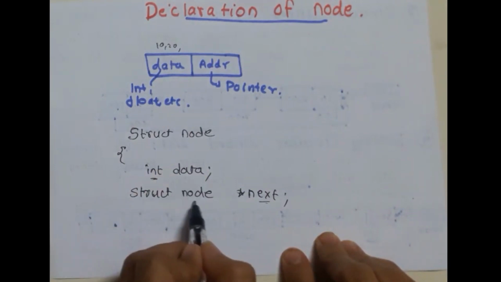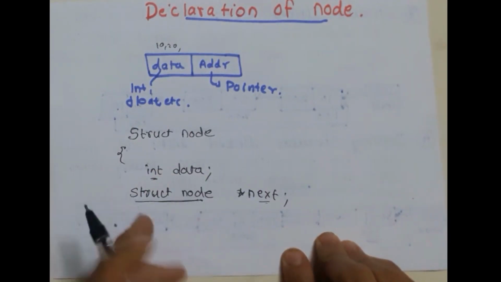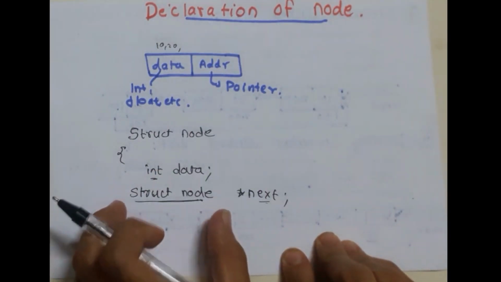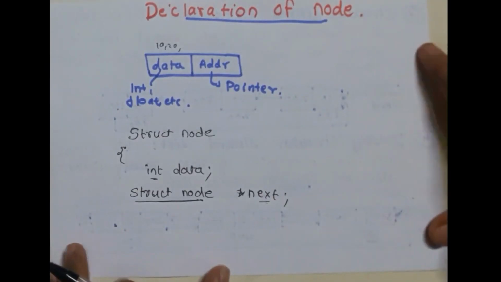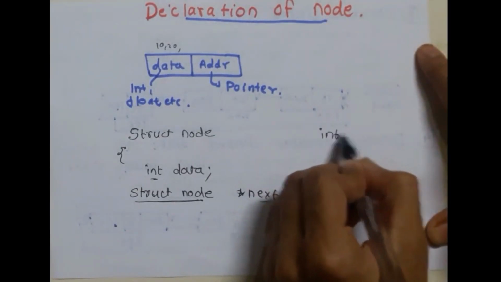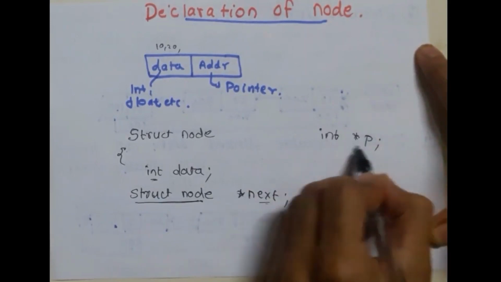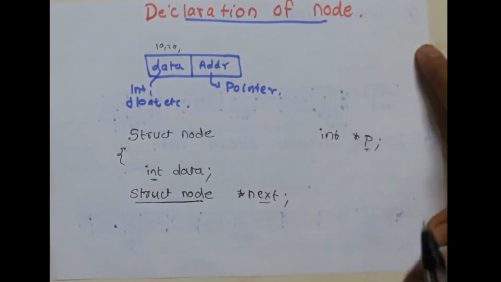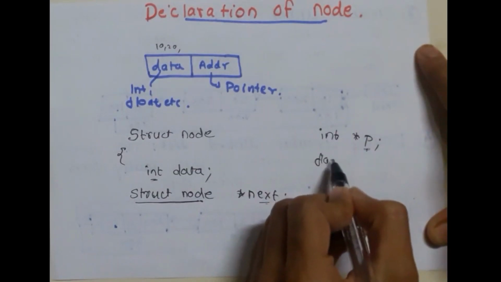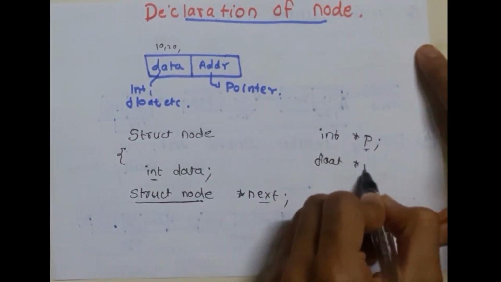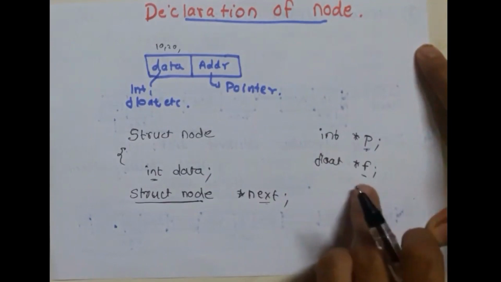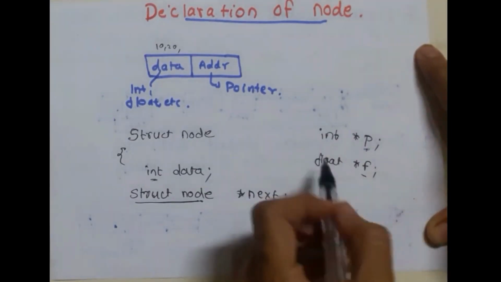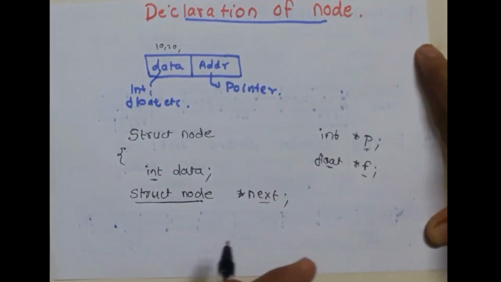Now you might be thinking why I have taken struct node, isn't it? So consider integer pointer p. What does it mean that this is a pointer? Pointer p will hold address of integer variable, isn't it? Similarly, float pointer f means that f will store address of a floating variable, isn't it?